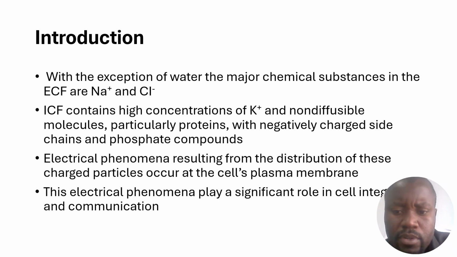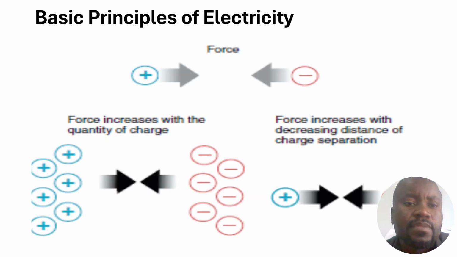So electricity in biological systems results from the distribution of these major electrolytes across the cell membrane. This electric phenomenon plays a role in how cells integrate the system's functions and how electricity gets to be used by the body in signaling or communication.